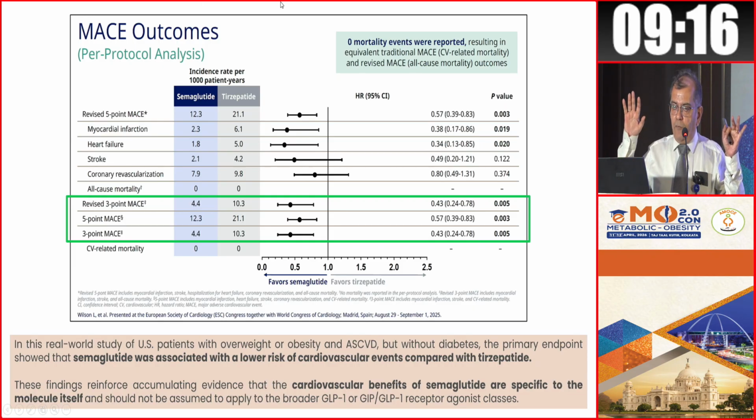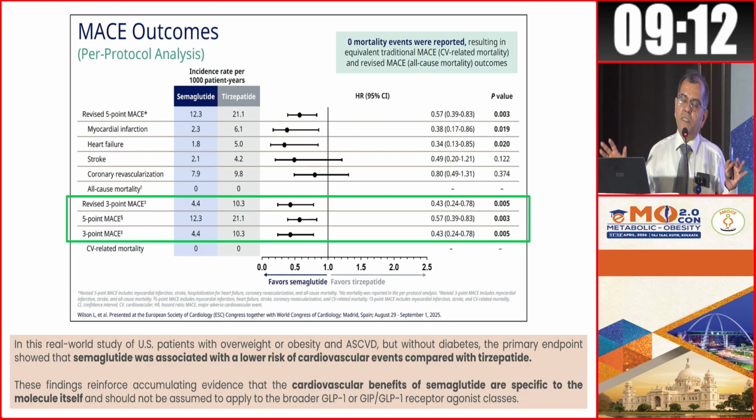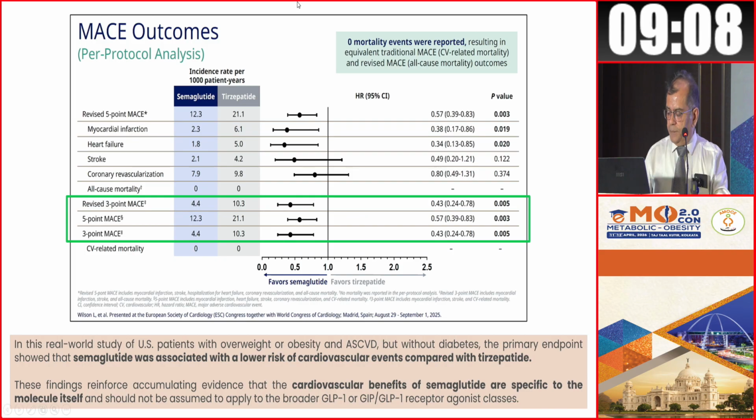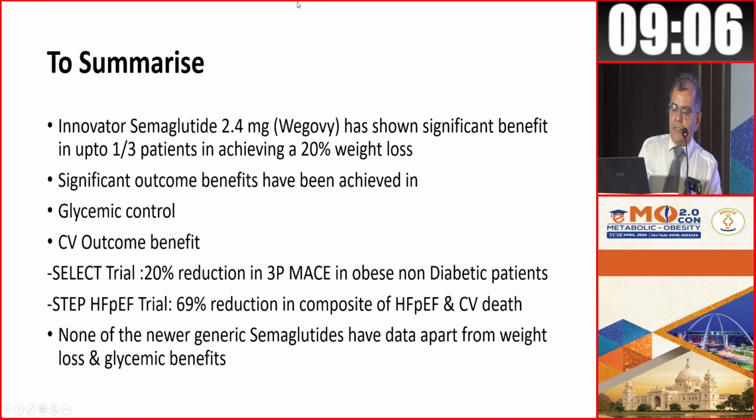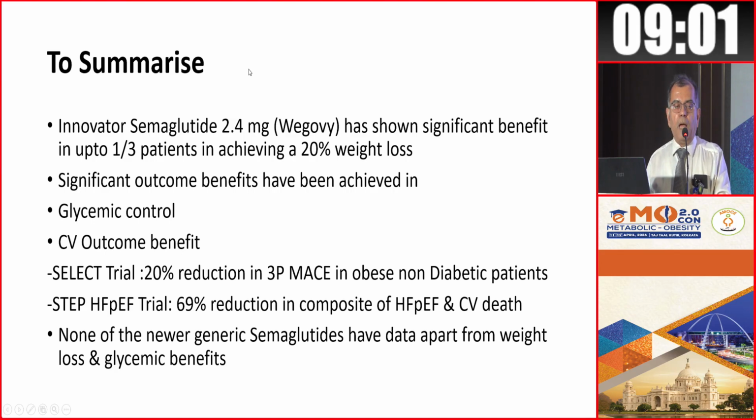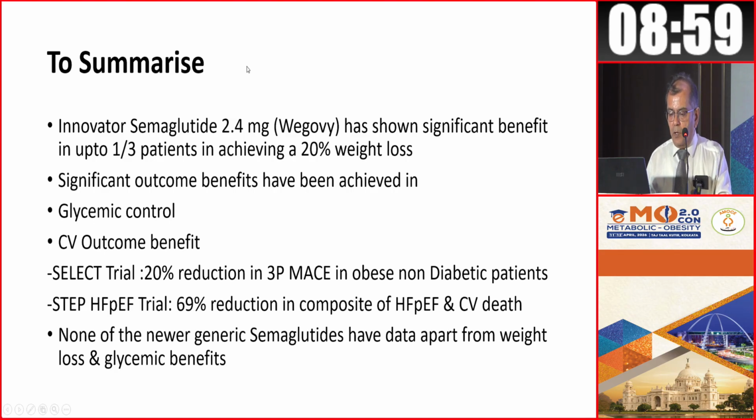Again, let me forewarn you, this is not an RCT. I'm not sure when an RCT between sema and tirzepatide is going to take place, but till then, we have this data. So to summarize, the innovator semaglutide 2.4 has shown significant benefit, with up to 1/3 of patients achieving a 20% weight loss.